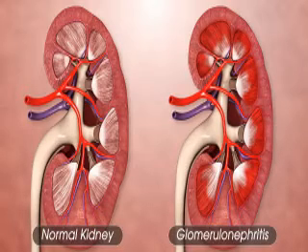Also FBC, urea and creatinine, and throat cultures in children, which may be very useful in children. Chest x-ray may show pulmonary edema, ECG, immunology, for example ANA, anti-dsDNA, and also ASO, that's anti-streptolysin O titers, and ultrasound of kidneys.